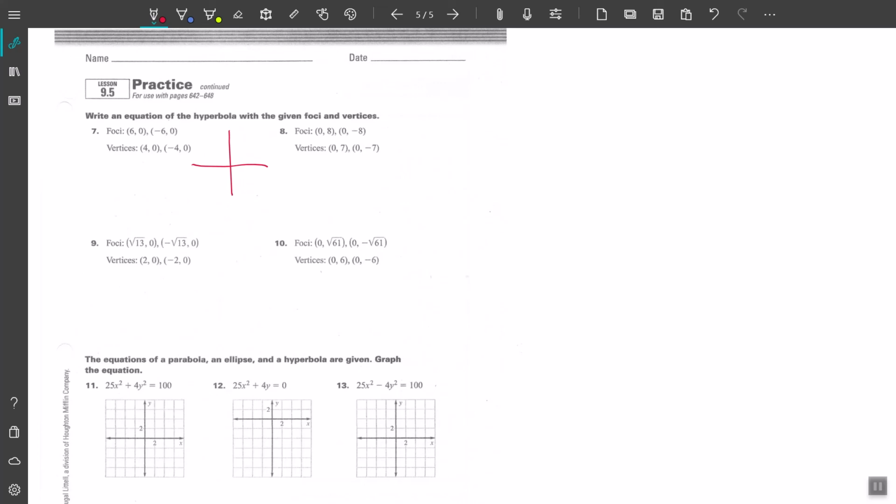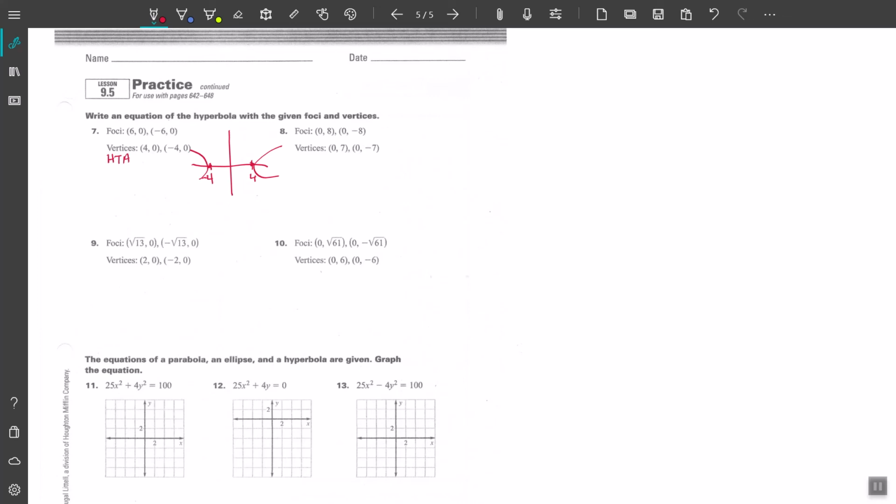You don't have to do this if you can see it without doing this. You can see that your vertices are going to be at positive 4 and negative 4 here. That means these are the side-most points of your hyperbola, so it's going to open left and right. So that lets you know that you have a horizontal transverse axis in this problem.